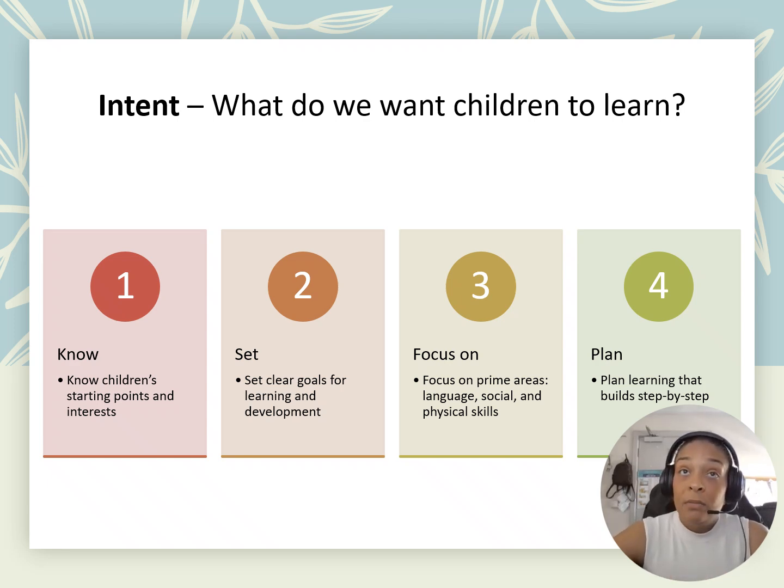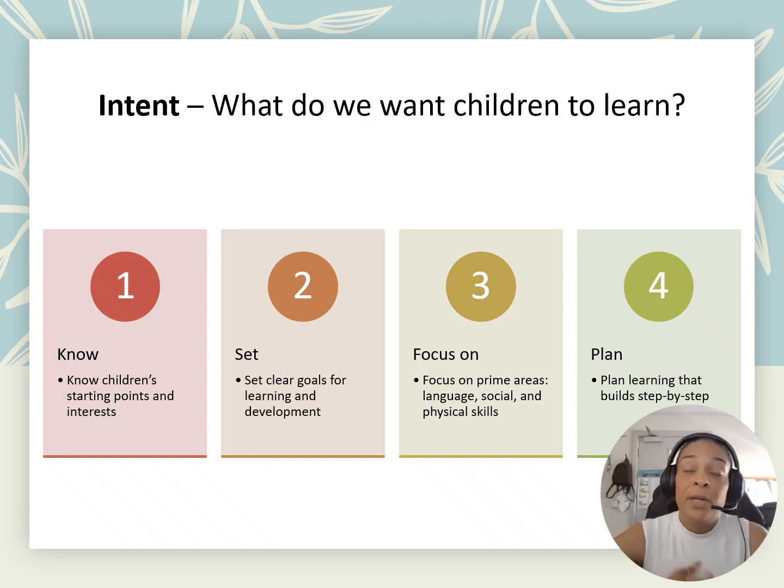Then you set clear goals using your blooming terms for their learning and development. And then you focus on all of the seven learning areas, or sometimes the three prime areas if it's for children under two or for children who are emerging with unique needs. And then you plan and build around the children's interests and needs. So that is your intent: to know, to set, to focus on, and then to plan.